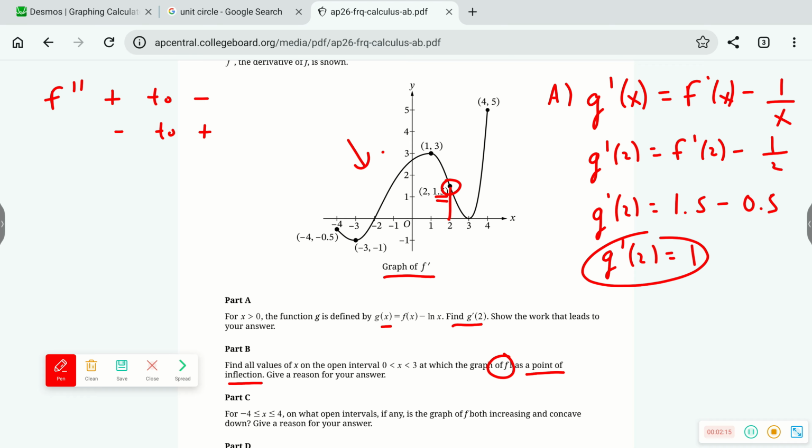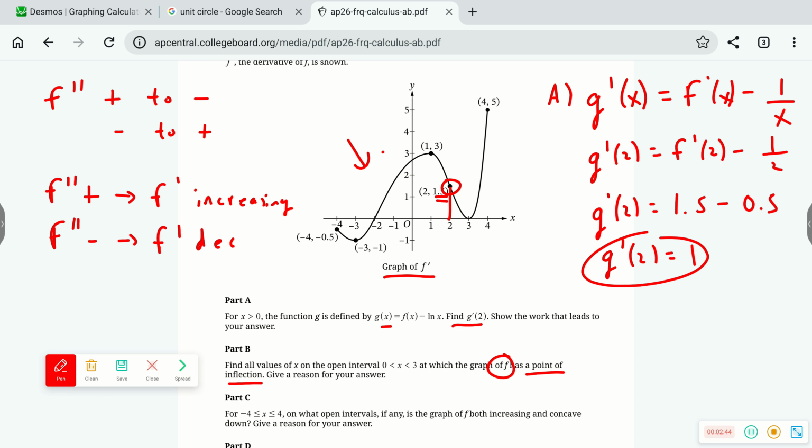Well, how can I get f double prime from f prime? One thing that we should know that sometimes gets lost in the shuffle is that f double prime is positive. That is the same thing as f prime increasing. Often we just think of f double prime positive being f concave up, which is true, but there's a relationship also between the second and first derivative.